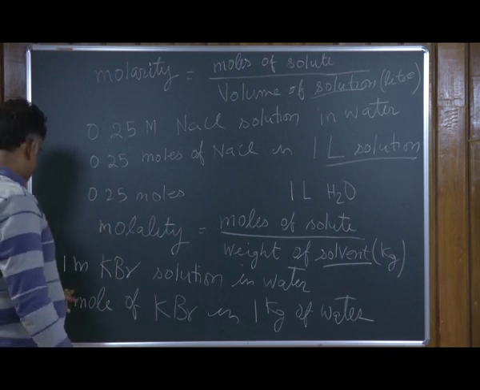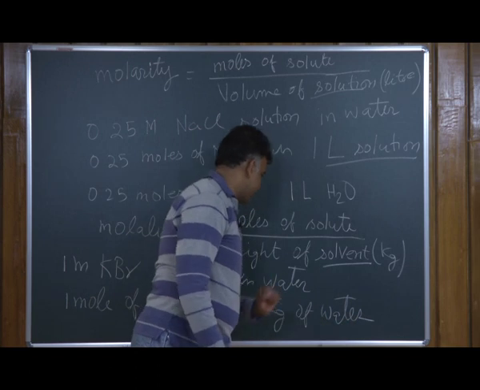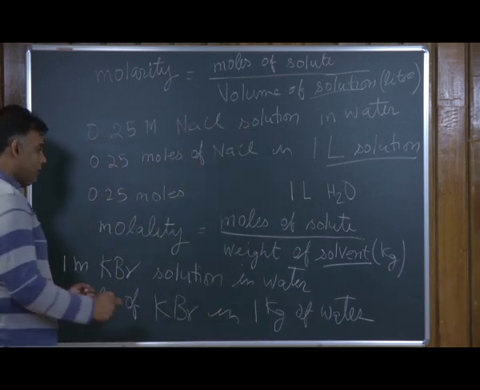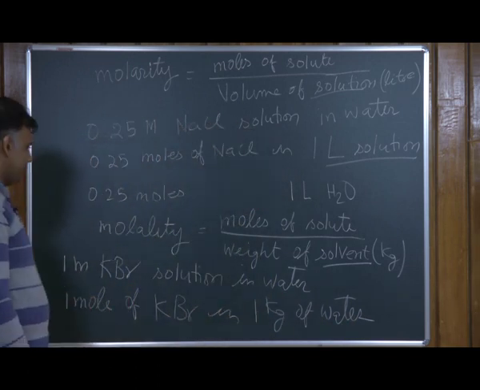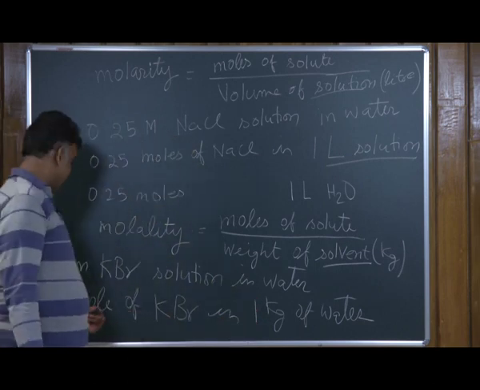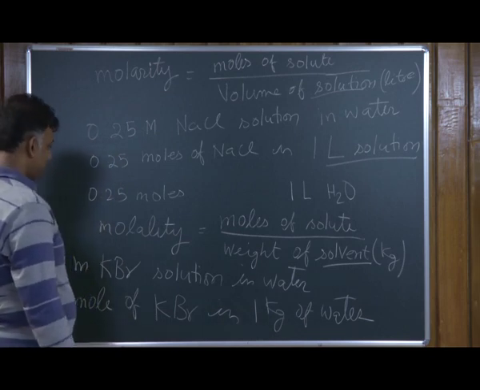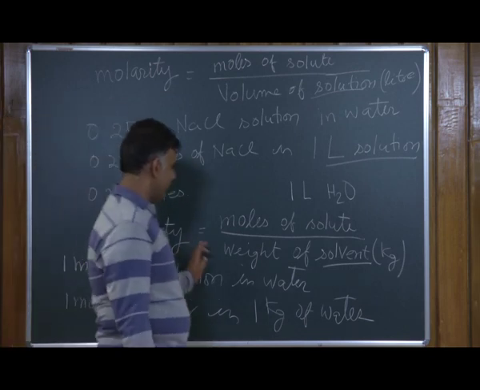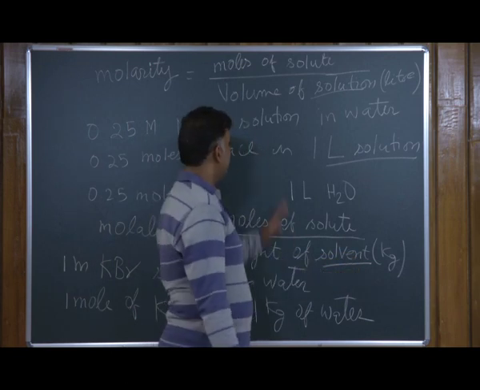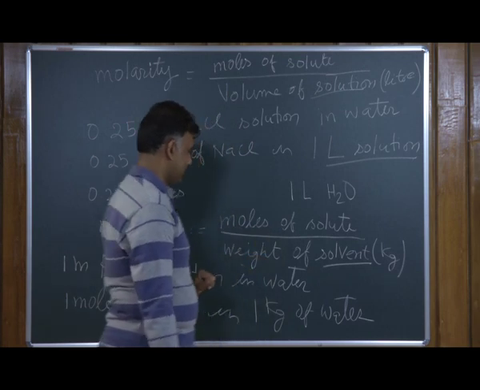So, it is 1 mole of KBr in 1 kg of solvent. The weight of the solution is of course going to be 1 kg plus the molecular weight of KBr, because we are adding 1 mole of KBr. So, again to emphasize, this is the weight of solvent, and over here it is the volume of solution, not the volume of solvent.